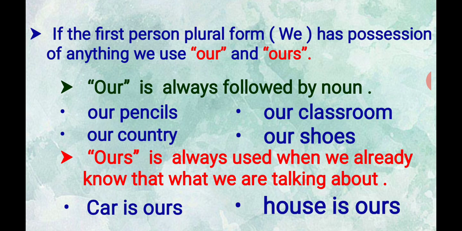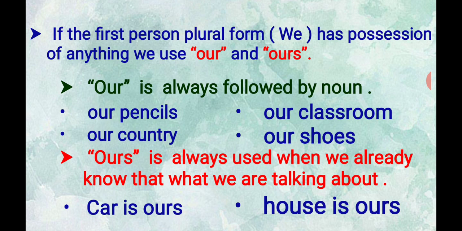Understand? So this is the way we use our and ours. Now, in a very easy way, you can remember this. When you want to use our, after our there will always be a noun.